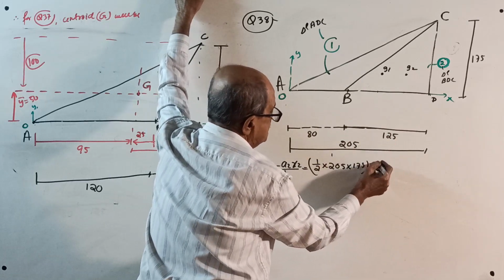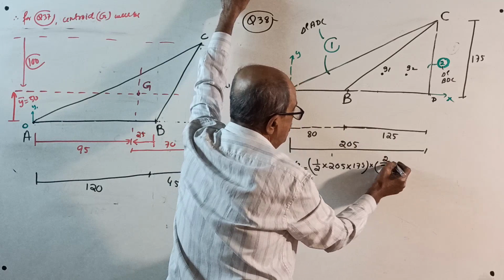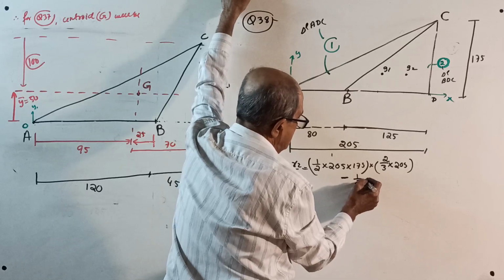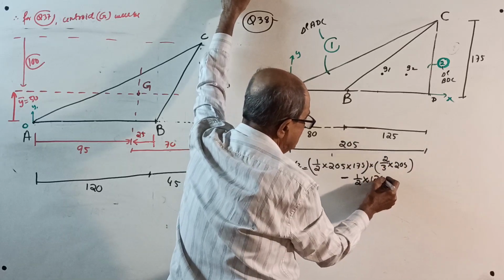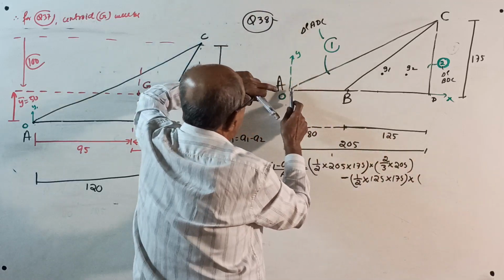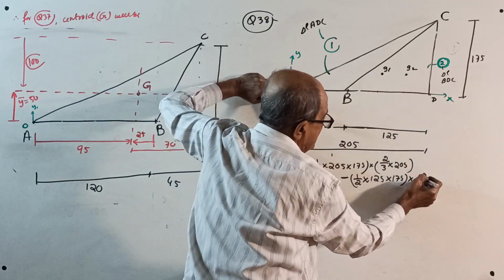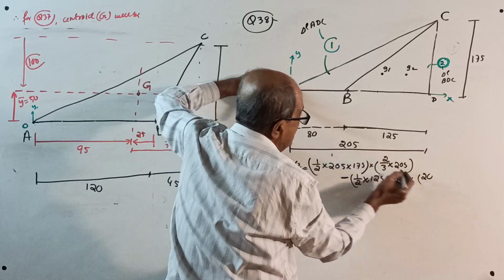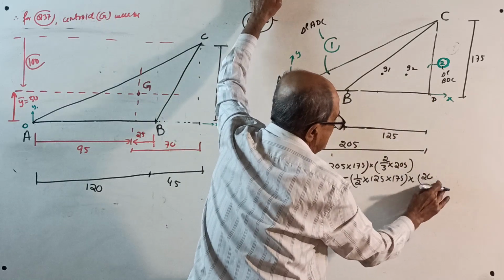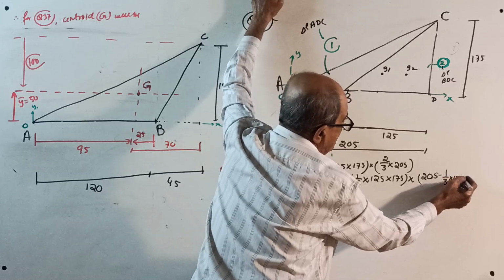A1 into X1, 2 by 3 of 205, minus A2, half into 125 into 175, into, from here to here, you can do one thing, 205, that is better. Don't use 80 here. 205 minus 1/3 of 125.